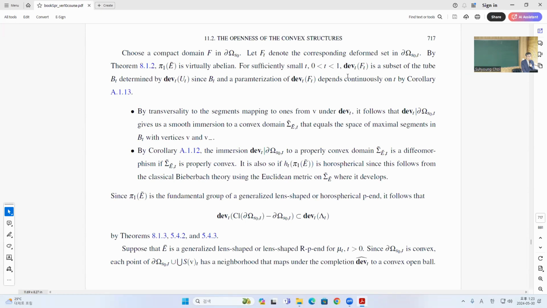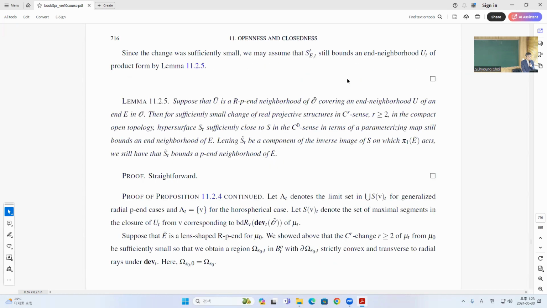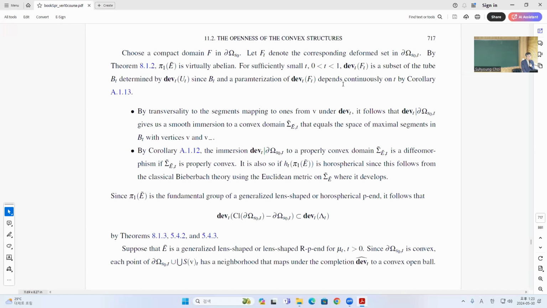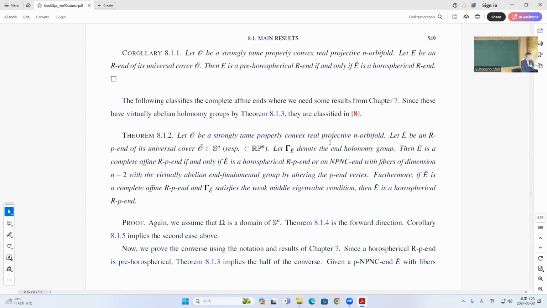Right. So other cases are very similar. We only need to consider the virtually abelian case because other cases will be similar.